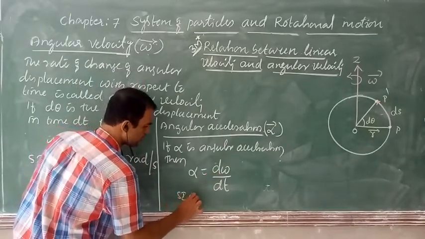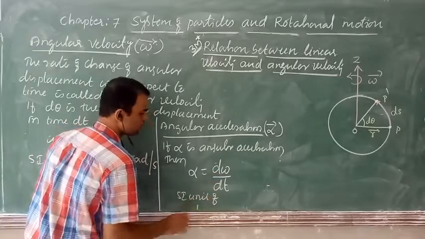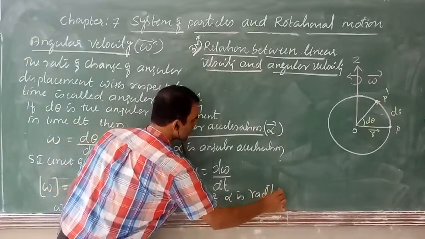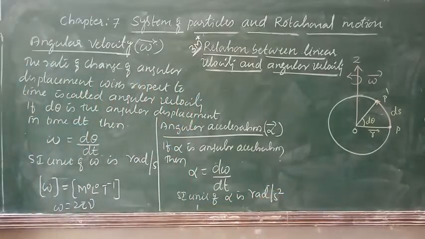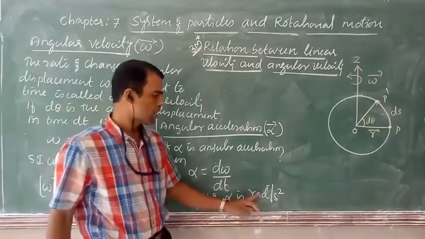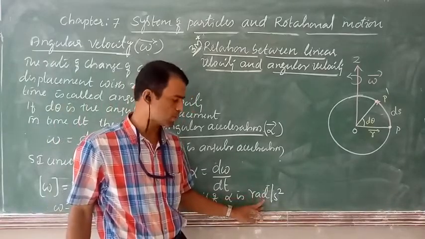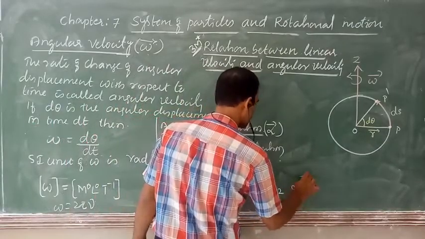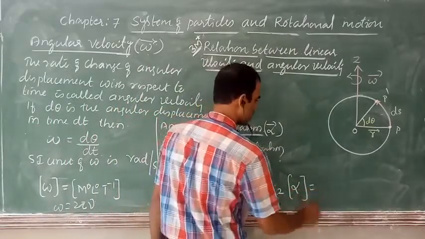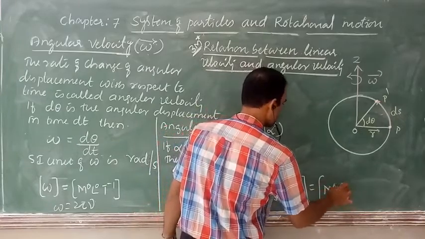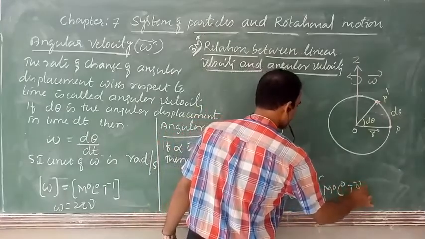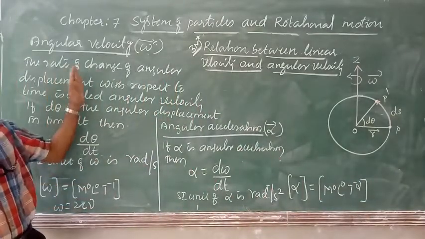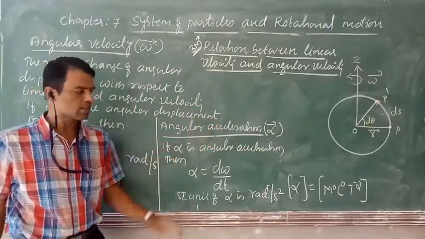Similarly, the SI unit of alpha is rad per second square, that is, angular acceleration is measured in radian per second square, and it has the dimensional formula M power 0, L power 0 and T power minus 2. So this is about angular velocity and angular acceleration.